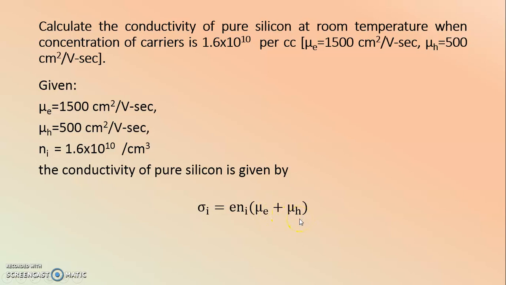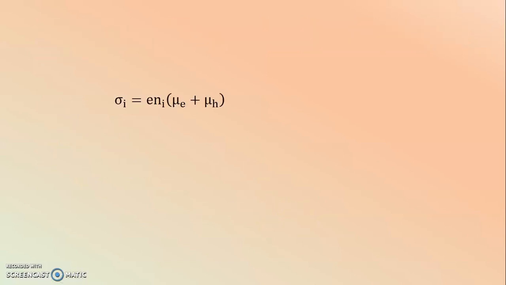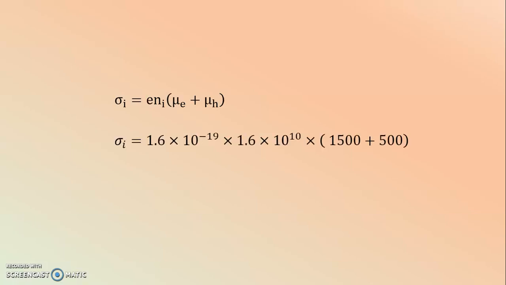Now we put in the values: e is 1.6 into 10 raised to minus 19, n suffix i is 1.6 into 10 raised to 10, and mu suffix e and mu suffix h are 1500 and 500. Substitute these and calculate.